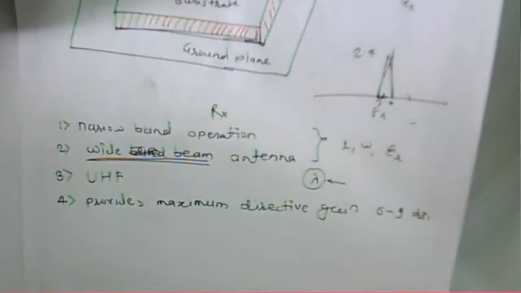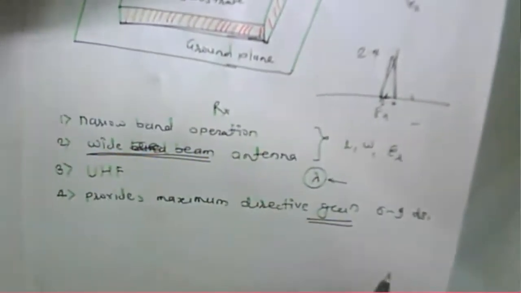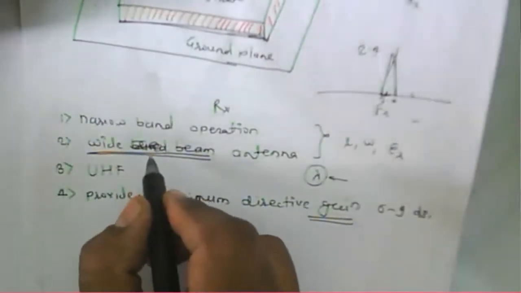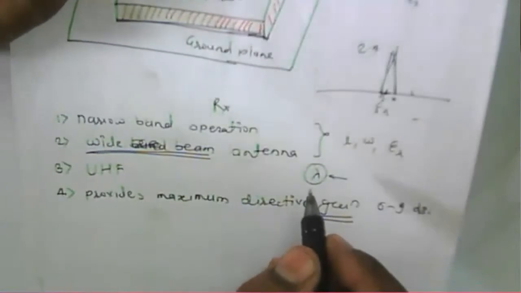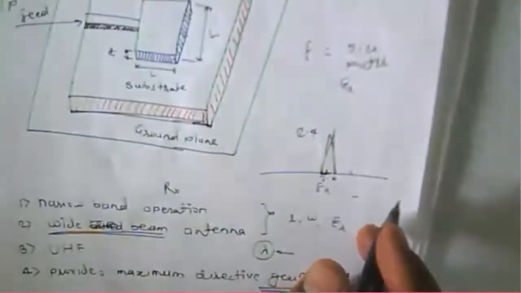One more thing about the gain. We can increase the gain of an antenna, or the radiation pattern of an antenna, by connecting multiple antennas, or we need to develop a patch. How to develop a patch?